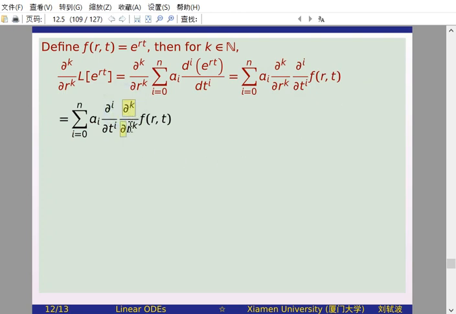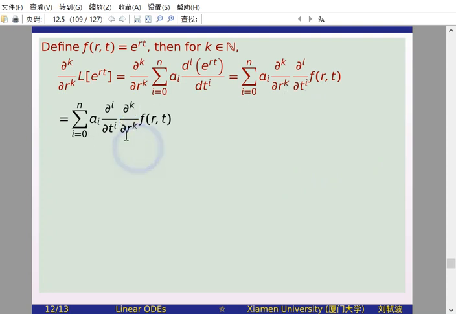This step applies the switchable property of mixed derivatives: first t then r equals first r then t.